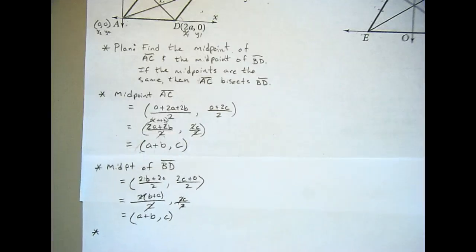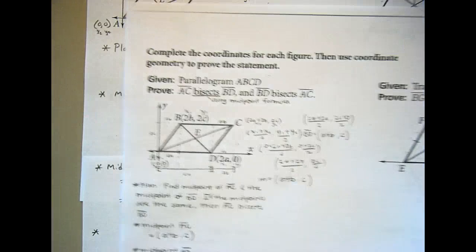Claim, support, explain. Our claim is what? Yeah, AC bisects BD. Our support is what? The midpoints. And our explanation? Well, that's what you're filling out, the final part here. All right, so we have two of them here.